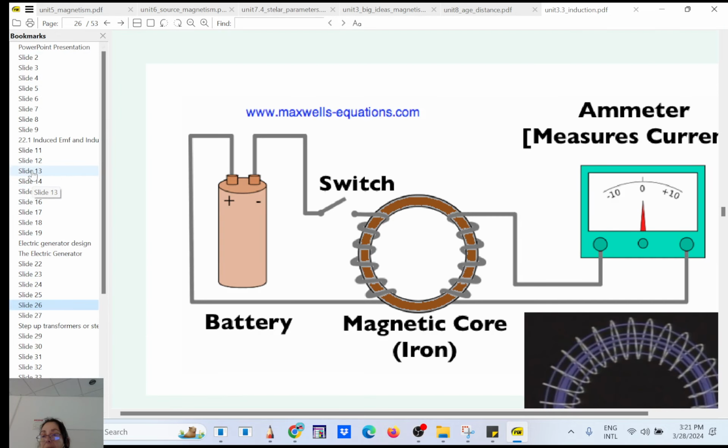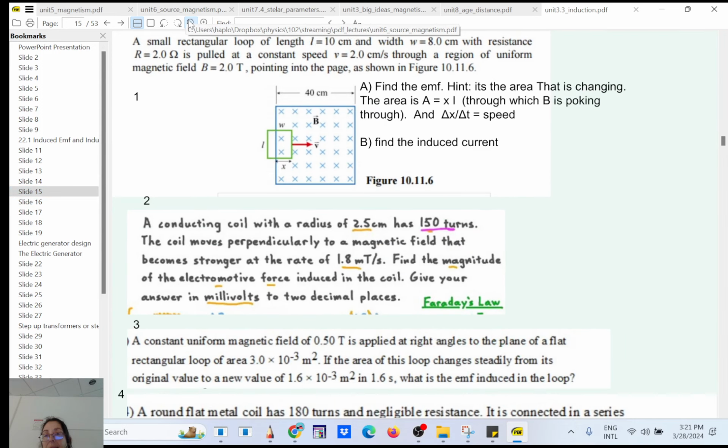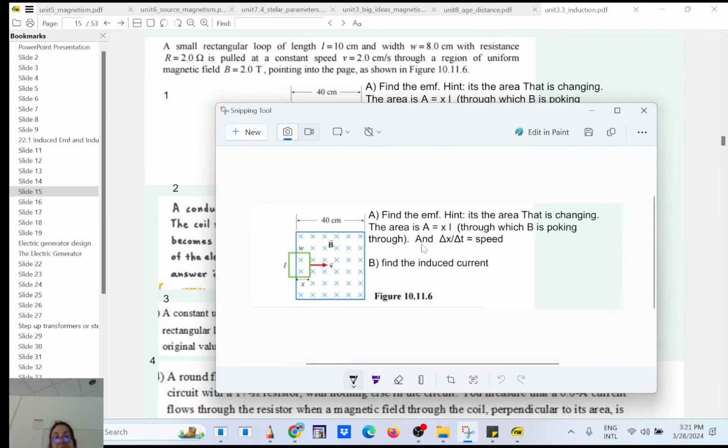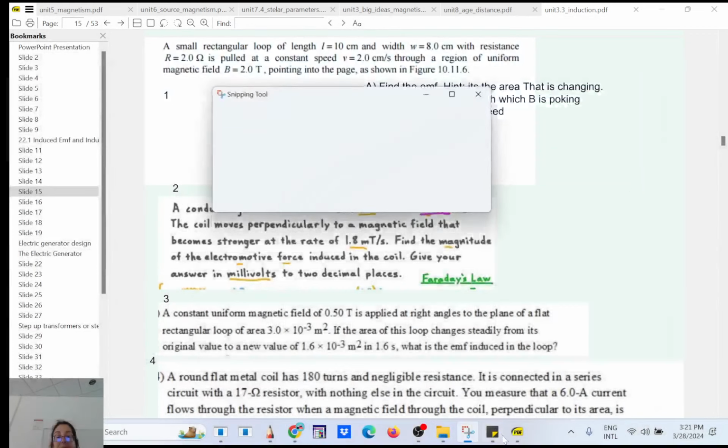So go back here. Okay, so don't worry about this one. Oh wait, you do have numbers. Hey, you do have numbers. I didn't see them. Okay, so we can do the computation.